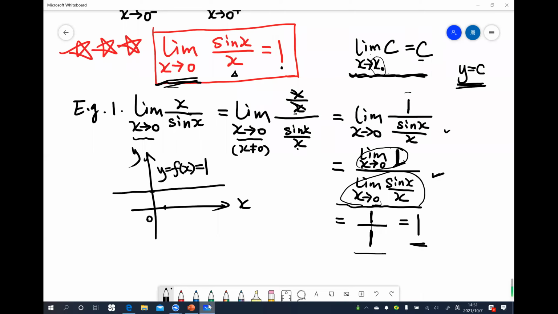No matter what value x equals, for example, x can equal 1, 2, 3, and so on, y always equals 1 here. So the limit is always 1 here. So for this one, x approaches 0. No matter which side x approaches.